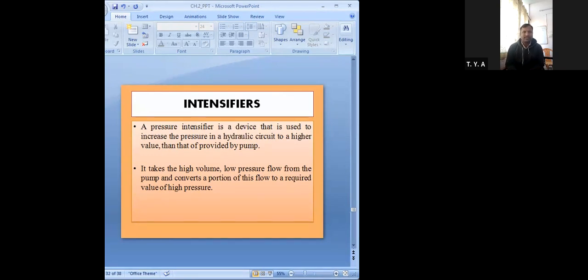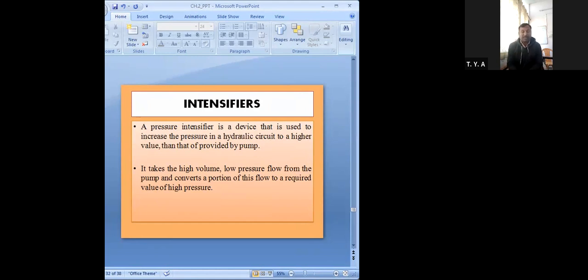So let us start with the definition of the pressure intensifier. This is a device in the hydraulic circuit, and from the name itself you get the meaning: to increase.